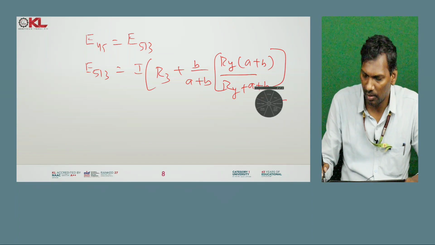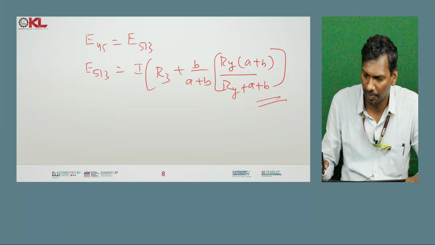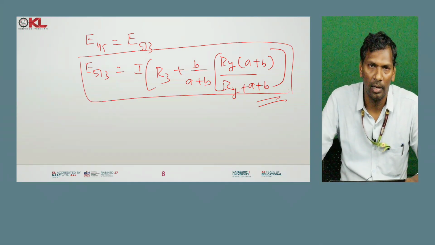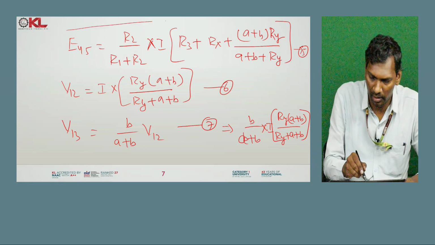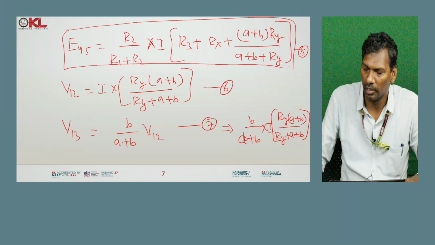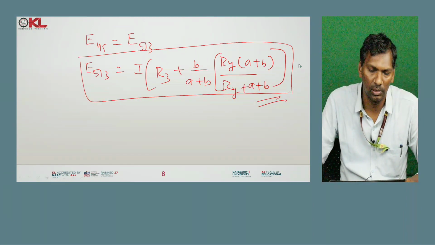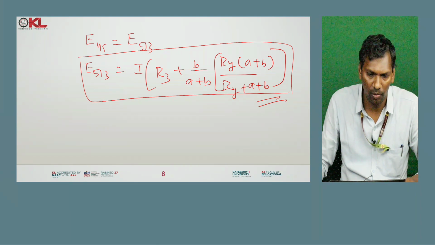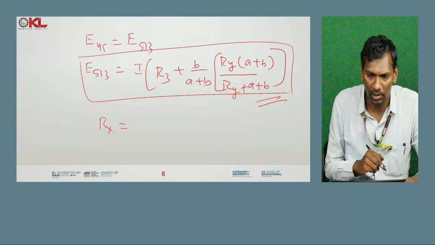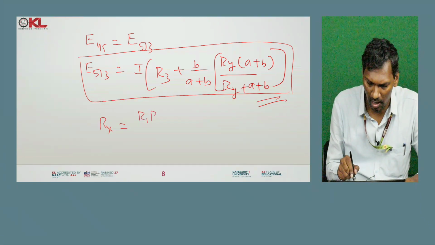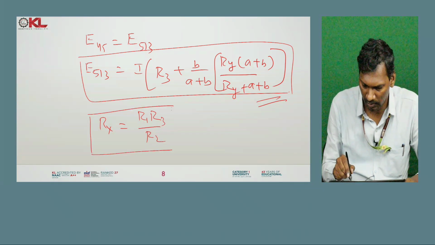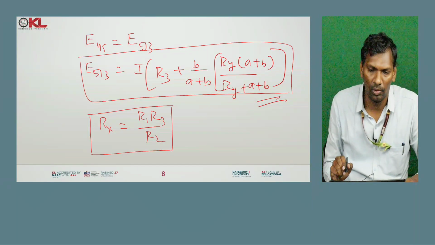So this is the expression for the 5, 1, 3, and already the E45 equation is written here. So from both the equations we can calculate the unknown resistance. If we solve that equation, finally Rx is equal to R1 R3 by R2. This is the final expression for finding the unknown resistance.